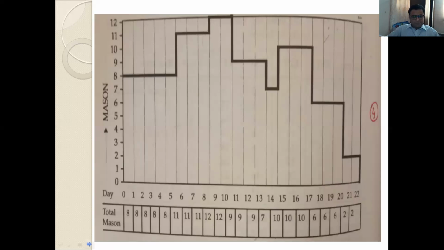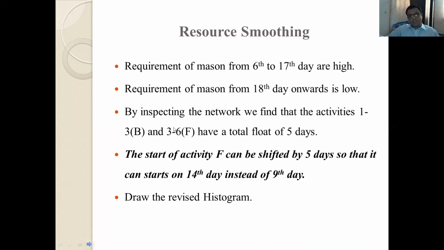As per the steps involved in resource smoothing, we have to lower the peak and fill up the troughs. By inspecting the network, we find that activity 1-3, that is activity B, and activity 3-6, that is activity F, have a total float of 5 days.